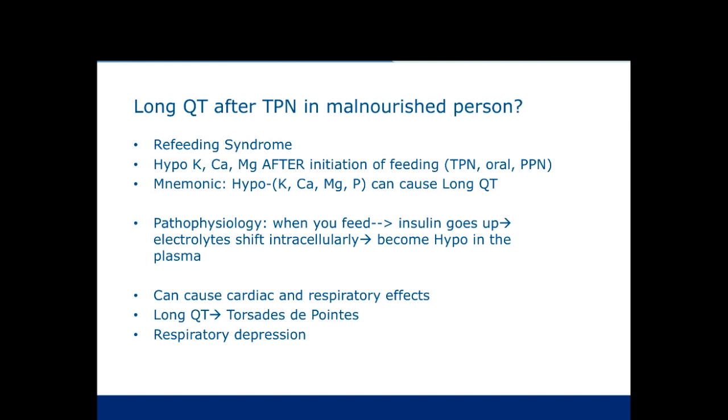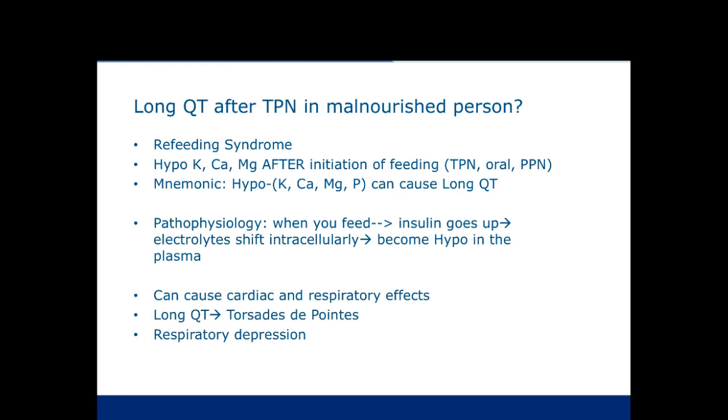So it doesn't have to be TPN, but TPN questions are directed for that use. So anything hypokalemia, hypocalcemia, hypomagnesemia after initiation of feeding is going to cause long QT. So just remember the hypos, the hypophosphatemias, anything hypo is going to cause that.